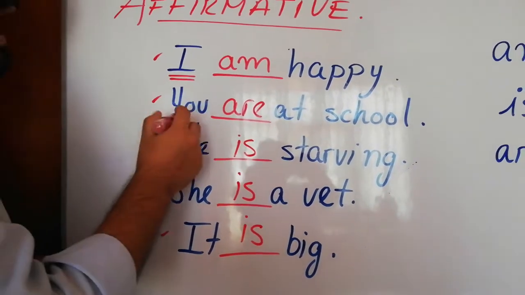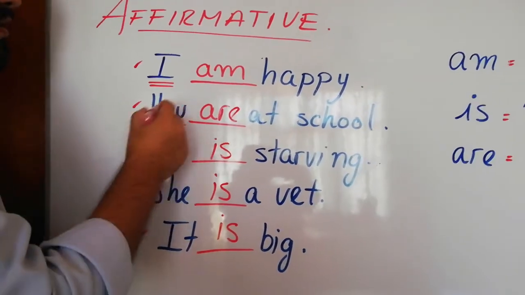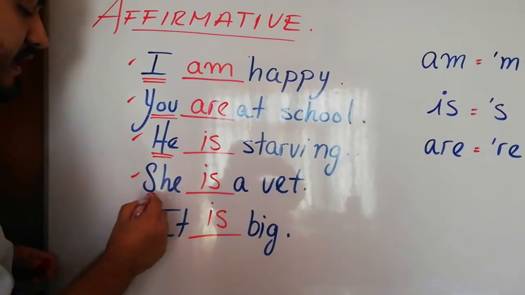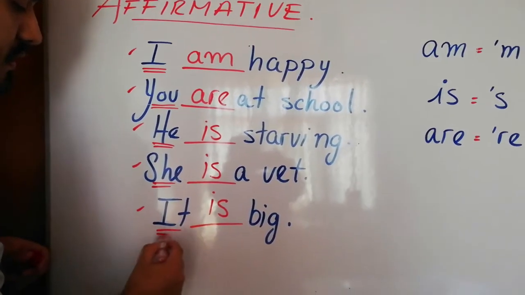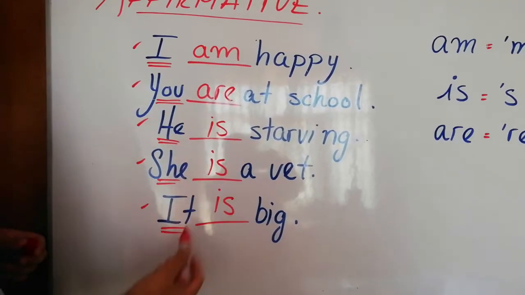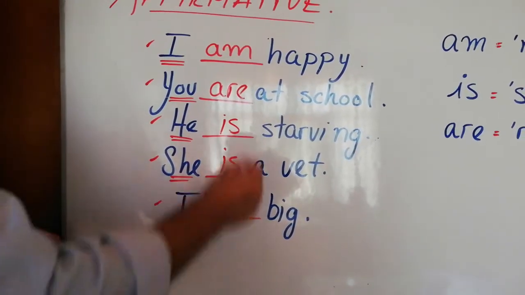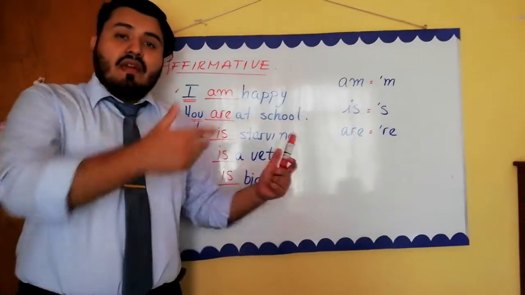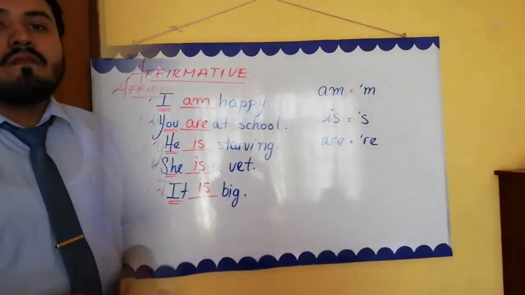If I have you, the correct verb be is are. And if I have he, she, it, the correct verb be is gonna be is. Perfect. Now let's continue with the next topic.